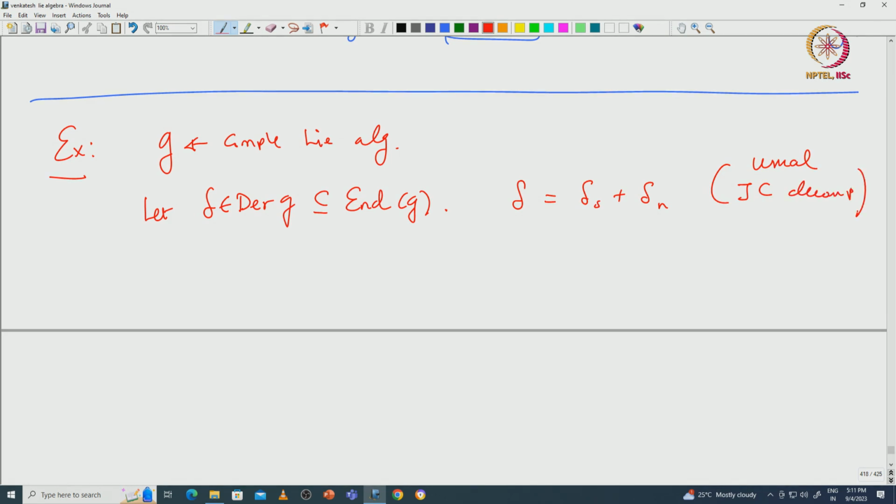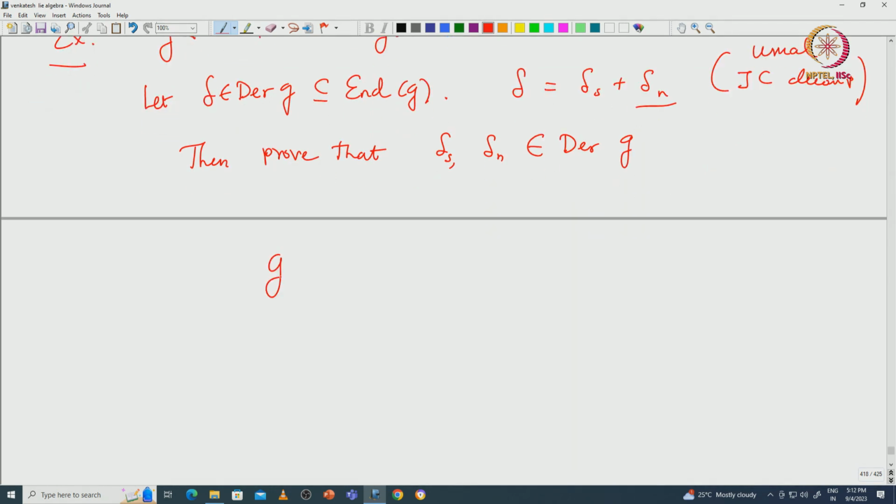Now what is our claim? Prove that delta_S and delta_N both are actually derivations of g. It is enough to prove it only for delta_S, because delta_N being the difference between delta and delta_S, we get delta_N for free, because the derivations of g form a subspace of the endomorphisms of g. And again this is a simple exercise.